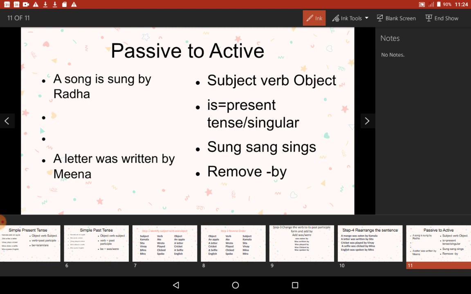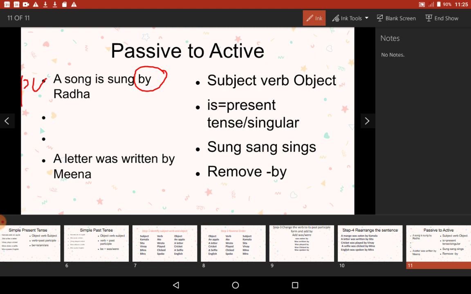So you need to remove such extra words in them. Now if you see an example, a song is sung by Radha. This is a passive voice sentence. Now we had added by to make it passive. So when you change it to active once again, you should remove by. By should be taken out.